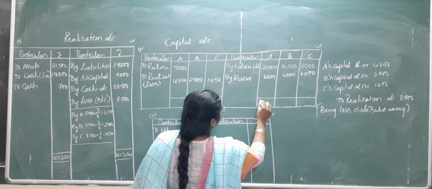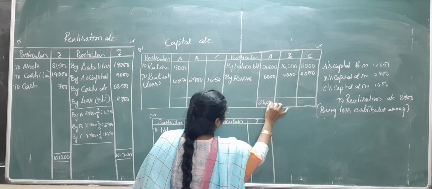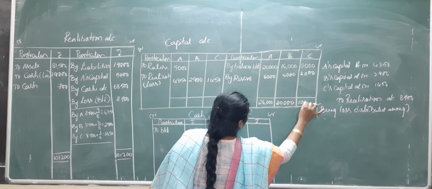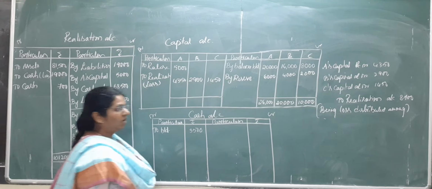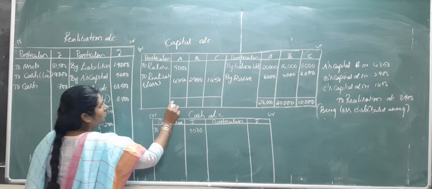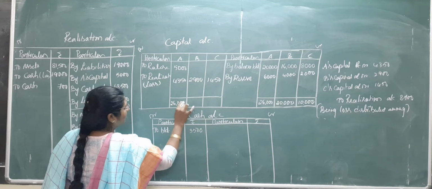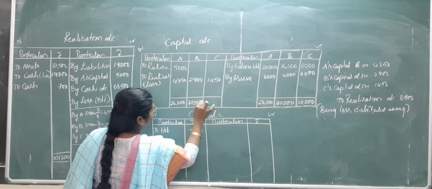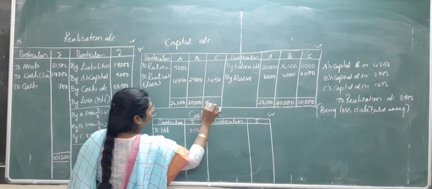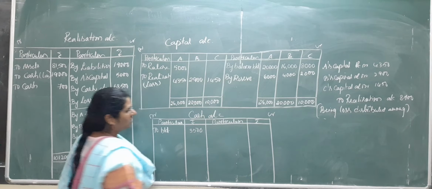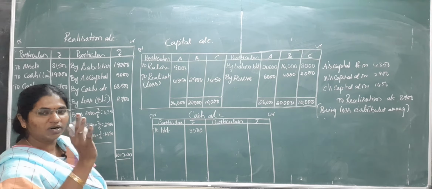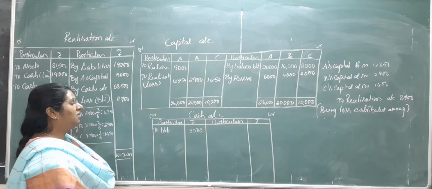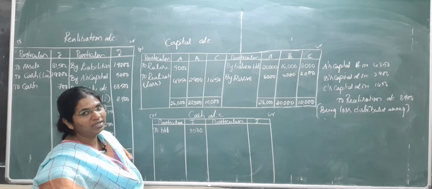So the total of the debit side is 26,000 for A, 20,000 for B and 10,000 for C. Now we have to write this amount in the same manner: 26,000 in the account of A, 20,000 in B's capital and 10,000 in C's capital, on the debit side. Now whatever difference is there should be paid in cash by the partners.